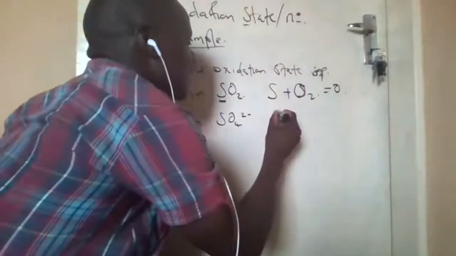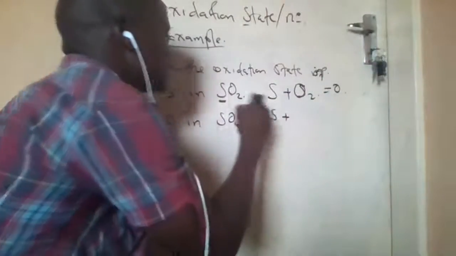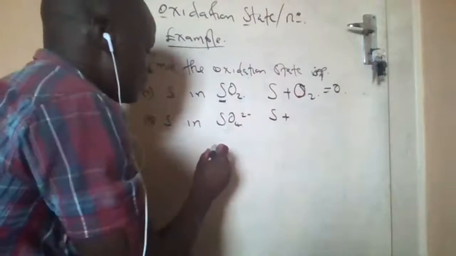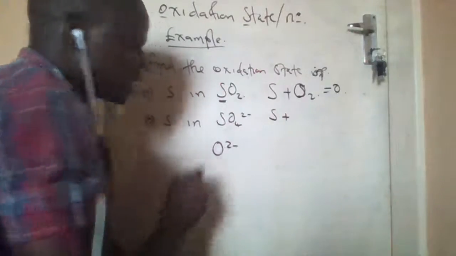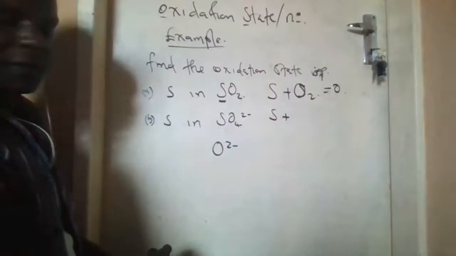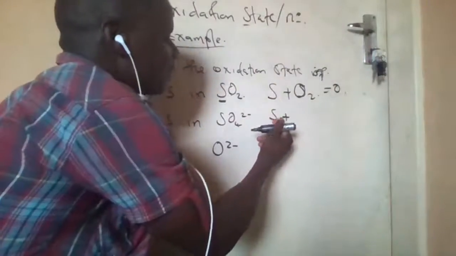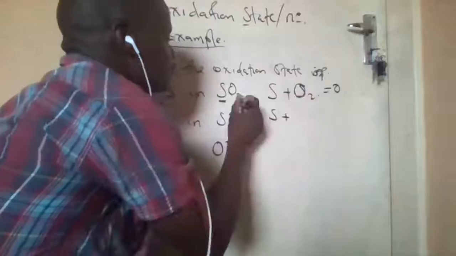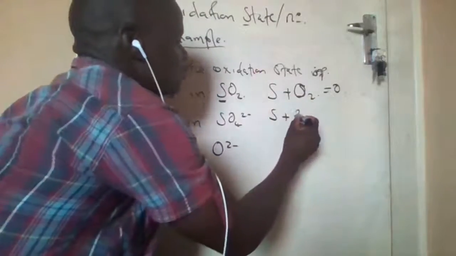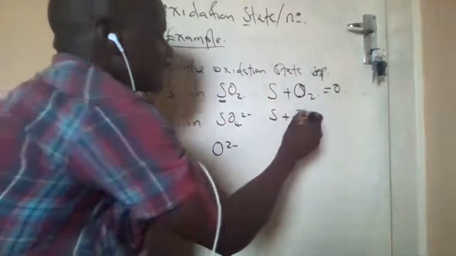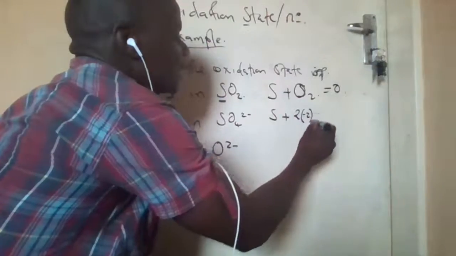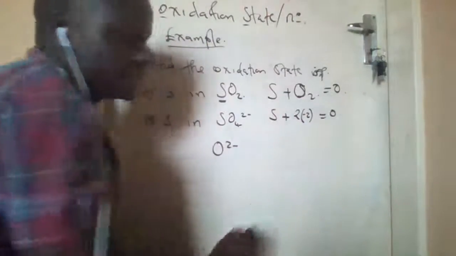Going back to what I indicated, the oxidation state of an oxide: you are saying sulfur plus, here there are 2 oxides, and each oxide has a charge of 2 minus.